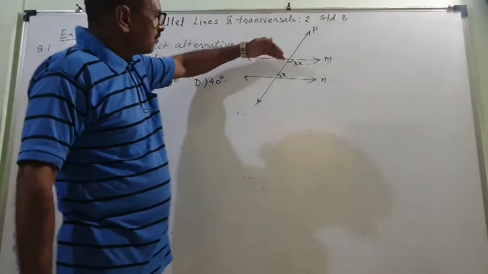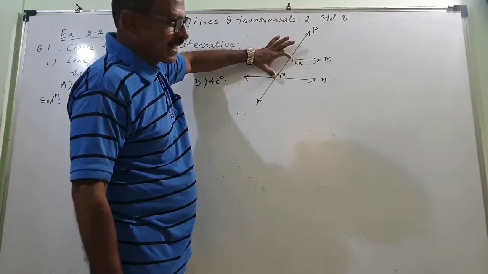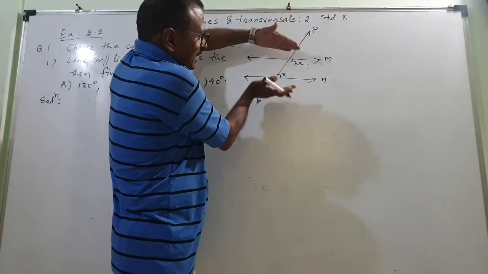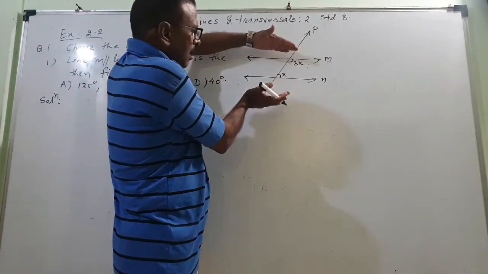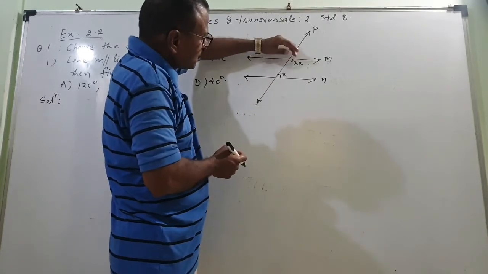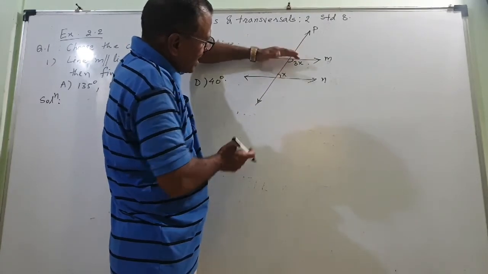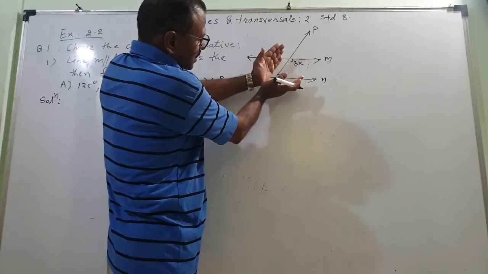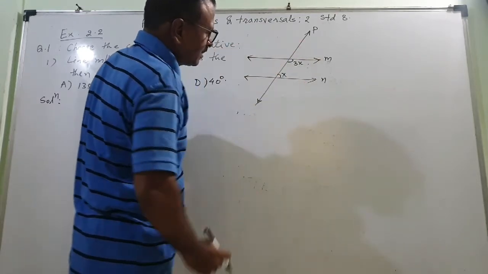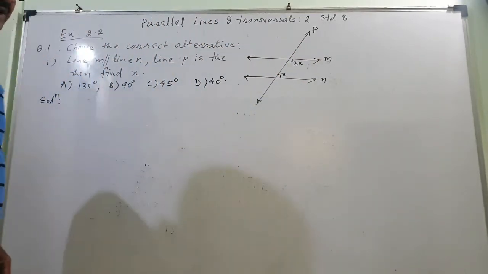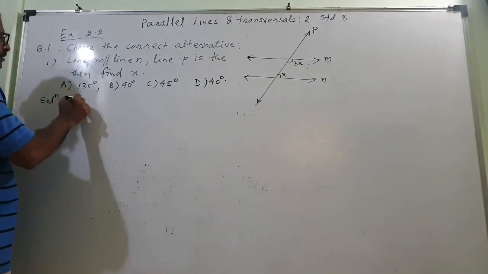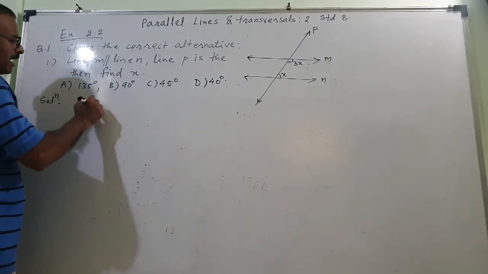So we know that these are the interior angles. Interior means inside. So these 3x and this x, they are on the same side and the interior angles. Their sum will be 180 degree. Solution, 3x and x.